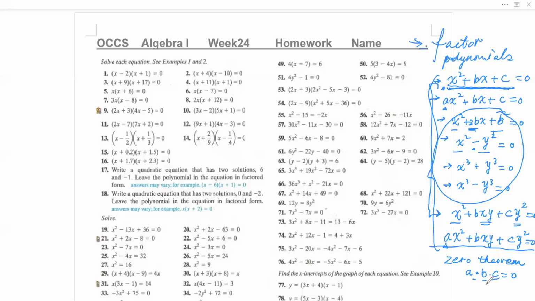So we can get that at least one of the factors should be 0: A equals 0 or B equals 0 or C equals 0. These factors are not degree 2, they are degree 1 factors multiplied by each other. So we can easily get a solution out of there.